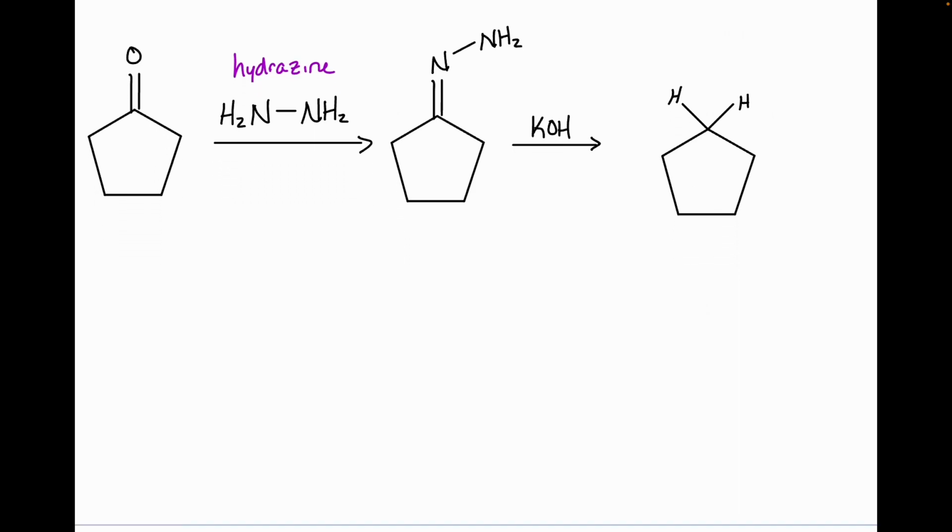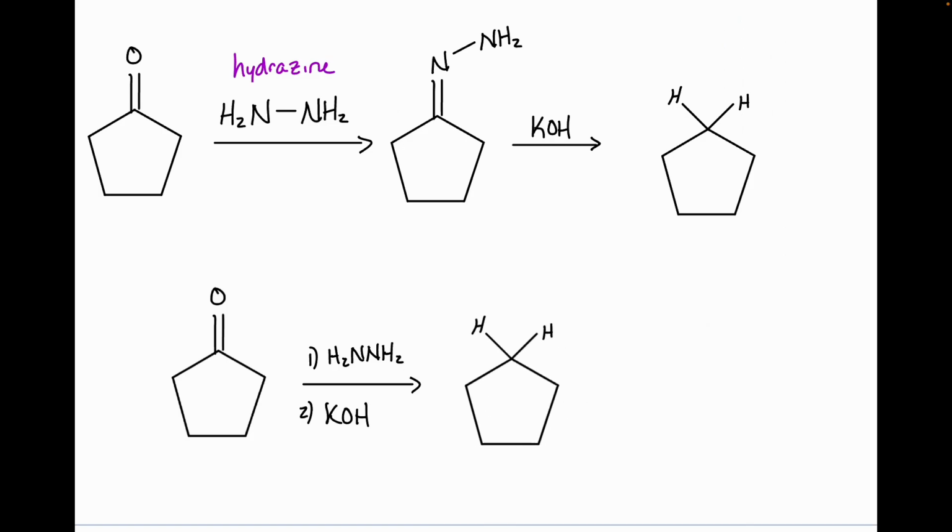We drew it in two steps here, but really when you're using this special hydrazine, you use it as part of this synthesis. Step one would be H2N-NH2. Step two, following it up with that base. And again, by doing so, you have cleaved that carbonyl group.